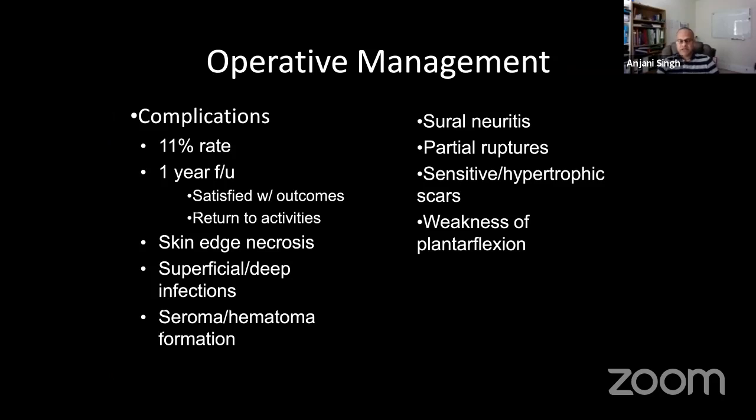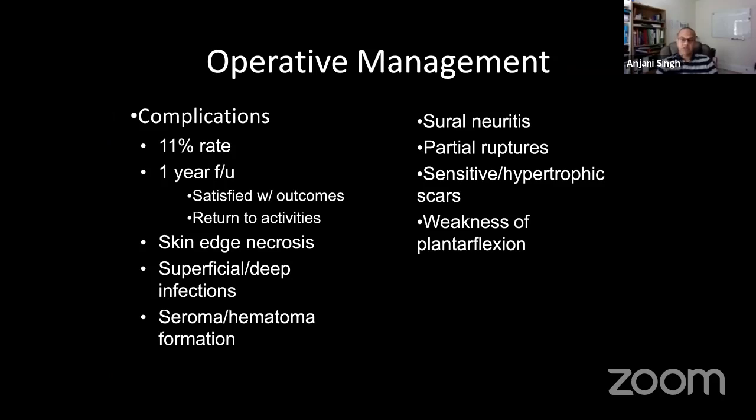Weakness of plantar flexion, that's another thing you have to tell them if you are doing an FHL tendon transfer or plan to do one. But I must say, I have not seen that, and not many people have complained about this being a problem after FHL augmentation of their Achilles tendinopathy.